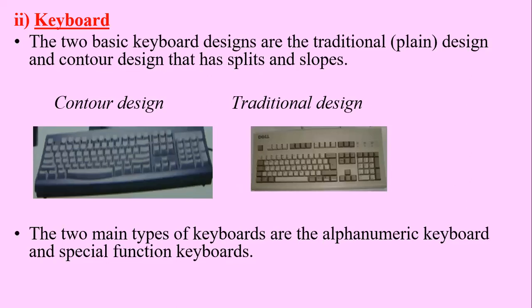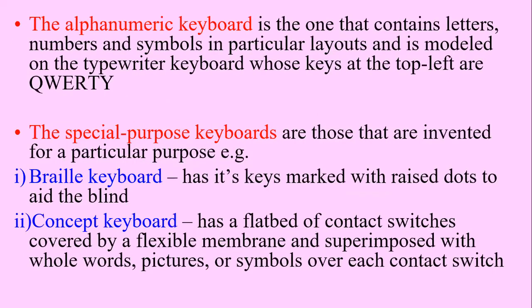The keyboard. The two basic keyboard designs are the traditional or plain design and the contour design that has splits and slopes. Of course, there are other types of designs, but they borrow from the contour design and the traditional design. So the two main types of keyboards are the alphanumeric keyboard and special function keyboards.